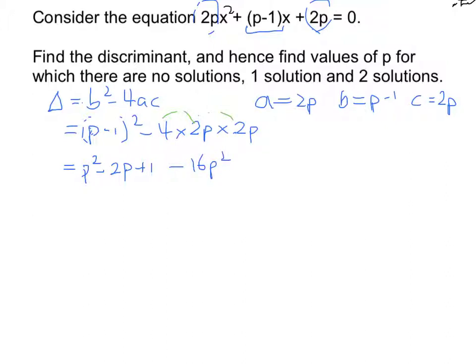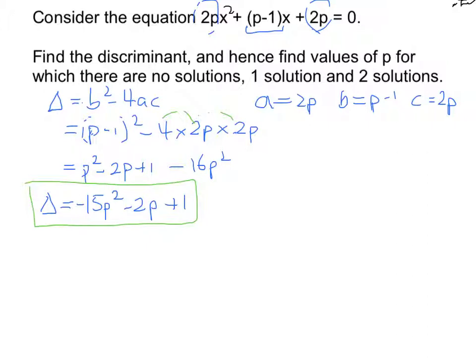So p squared take away 16p squared will give us negative 15p squared, take away 2p plus 1.